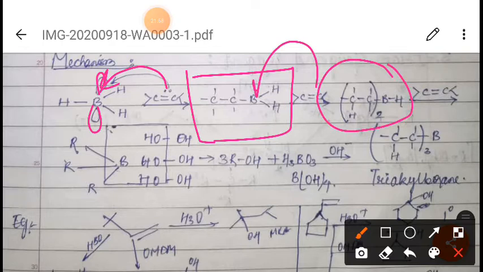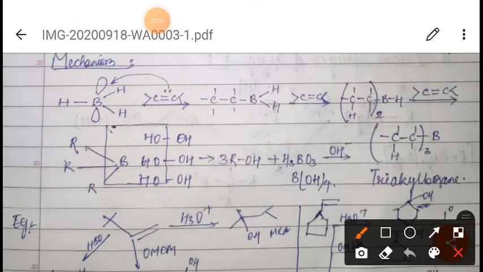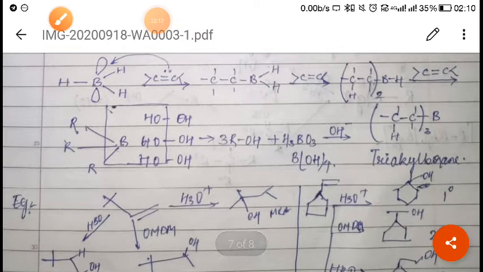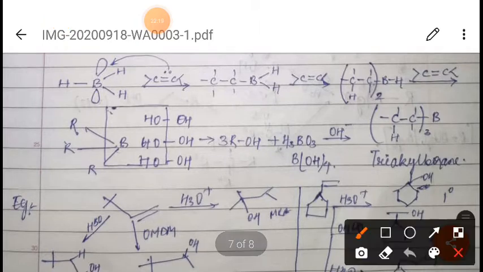In the third case, when it attacks this, it will form like this. No hydrogen is there. As you can see, in the first case, when the first alkene attacked, two hydrogens were there, and in the second case only one hydrogen. In the third case, no hydrogen is there, right? So like this will be the product here. As you can see, trialkylborane will form here.